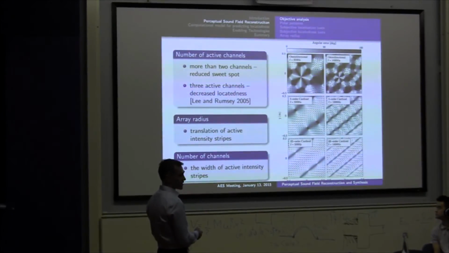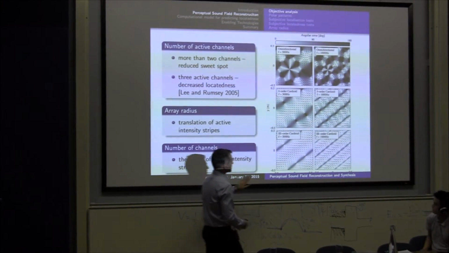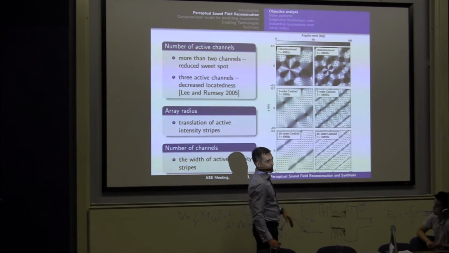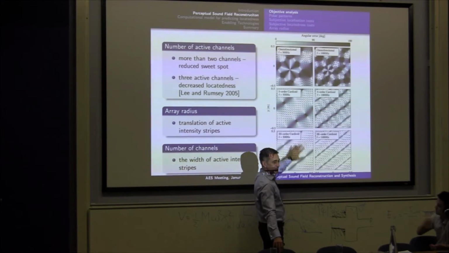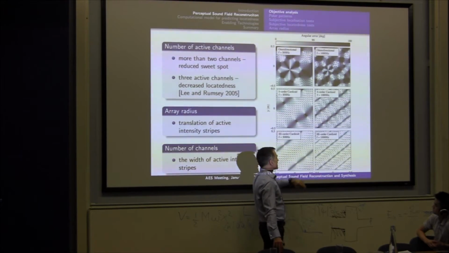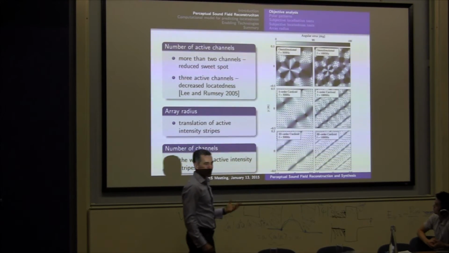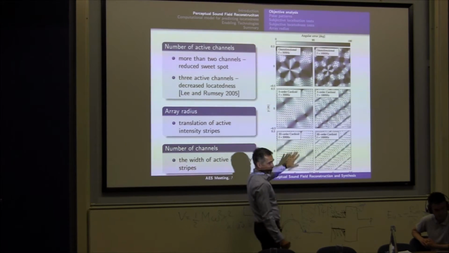Now, if you're reconstructing these monochromatic plane waves, this is the effect of the radius. It's just that all this is shifting. So the sweet spot for one frequency may move a bit, but they're all moving across all frequencies, so we are still going to be in a good position. It doesn't really matter whether they're all perfectly aligned or not.